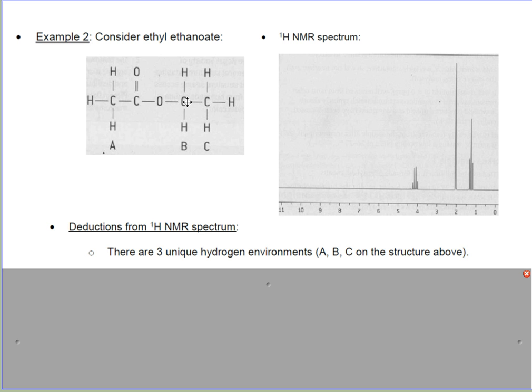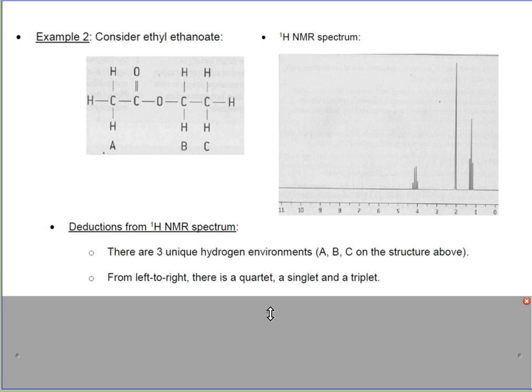Now, we can also deduce that there are 3 environments, not even looking at this structure, but just by looking at the spectrum, because we see 3 distinct signals on our NMR graph. Next, you should be able to see that we've got some splitting going on.